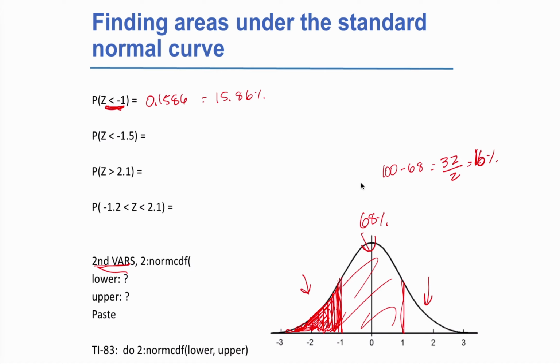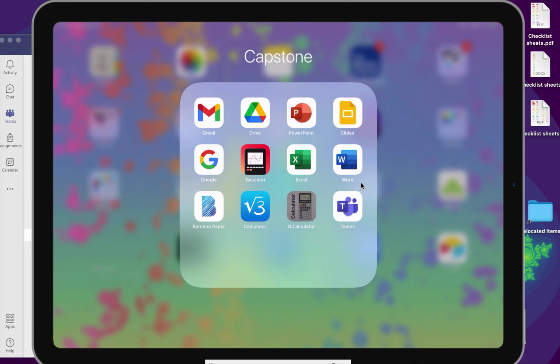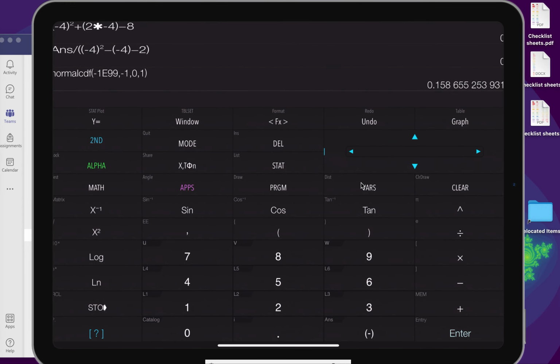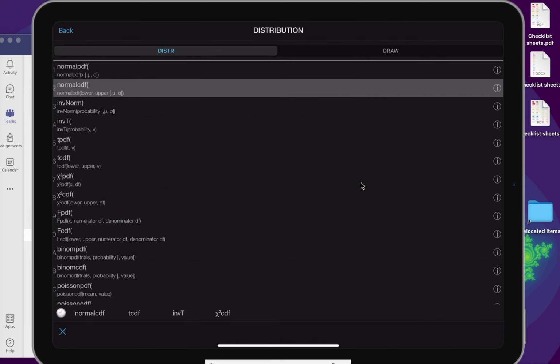Now, we can't use the empirical rule for numbers that aren't integers. So, again, we're going to use this. Calculator time, right? So, second, distribution, normal CDF.